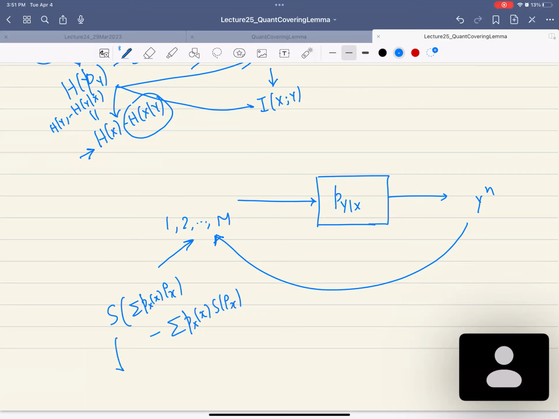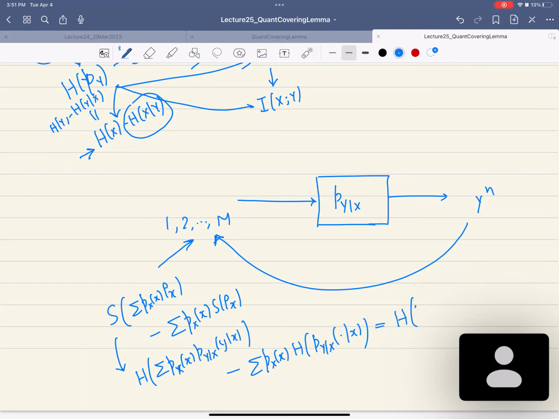If you look at the classical version of this, this is really H of the distribution py, so H of y, minus px of x H of py given x, when the condition is on x. This is the quantity.